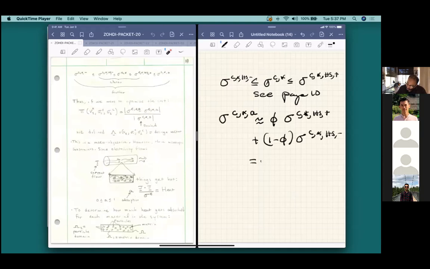This thing is just one ginormous function of what? The volume fraction of the first phase, the volume fraction of the second phase, the conductivity of the first phase, the conductivity of the second phase, and so forth. There could be many different possible parameters, right?